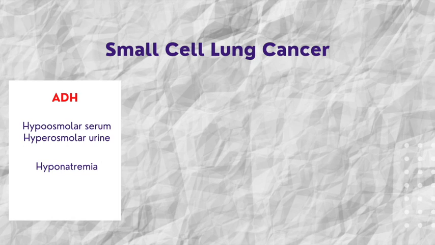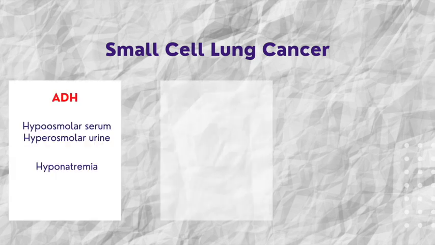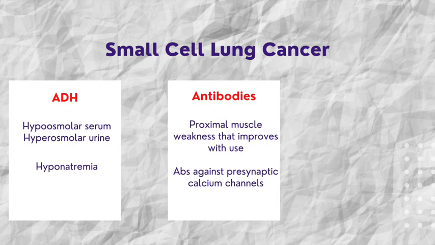For the second A, that is for antibodies, and this is in Lambert-Eaton syndrome. You will have proximal muscle weakness that improves with use. Lambert-Eaton syndrome occurs because antibodies are against the presynaptic calcium channels.